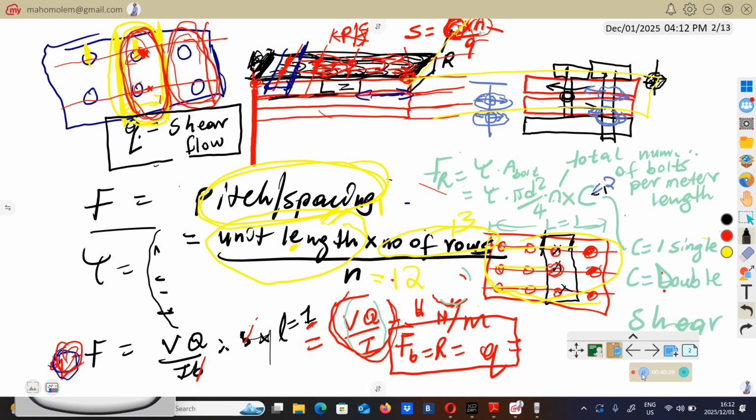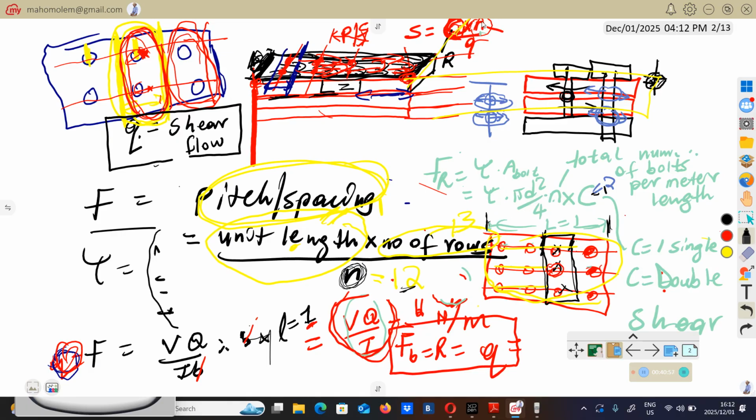Right, now if you recall, I said that this N is the total number of bolts per pitch. Like here for this pitch is 3. This N, this one here, is the total number of bolts for 1 meter length. From here to the 1 meter length. For 1 meter length, how many bolts do we have? Is 12. So the question is looking for this one. It's looking for number of bolts per meter length.